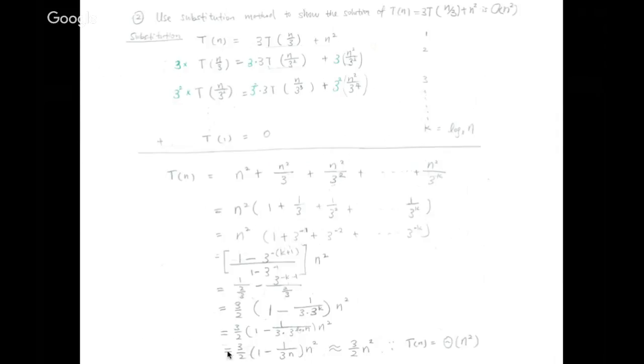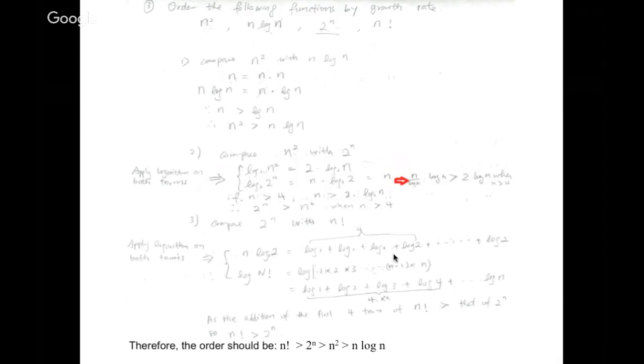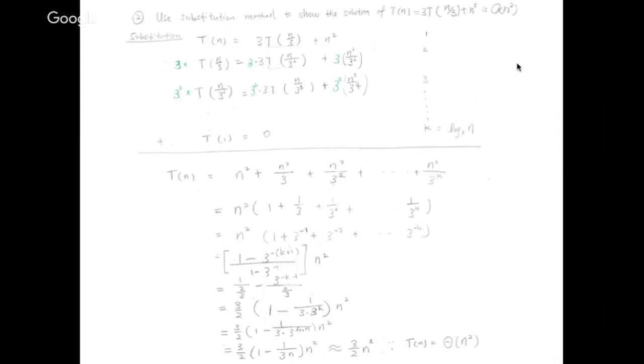So in this whole term, we can ignore the constant terms here. I'm sorry, go back here. We know this time complexity equals big theta n squared.